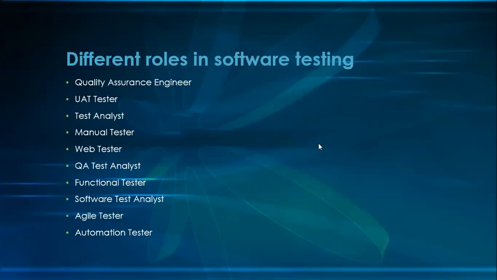You can be called a pen tester, security tester. There are different names, but the main thing here is that our role is to test any application or software we are given, and make sure that at least they're bug free.